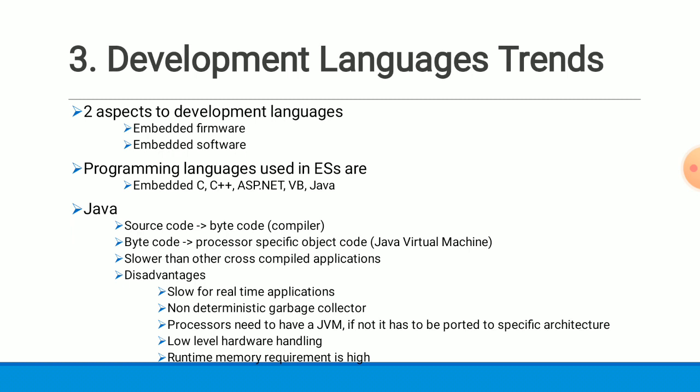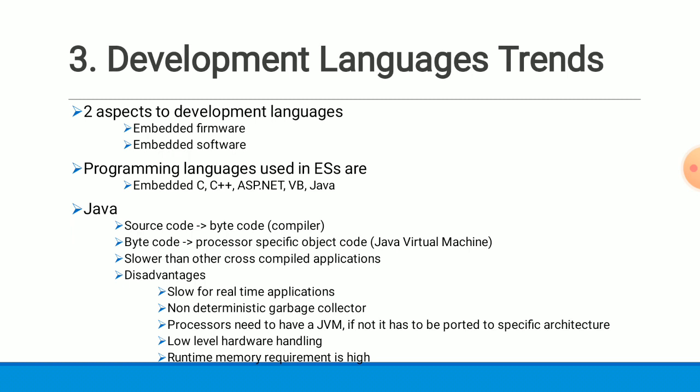So Java is actually not a popular language for embedded system development due to its nature of execution. So we know that Java programs are compiled by a compiler into bytecode. Then this bytecode is converted by the Java virtual machine or JVM into processor specific object code.